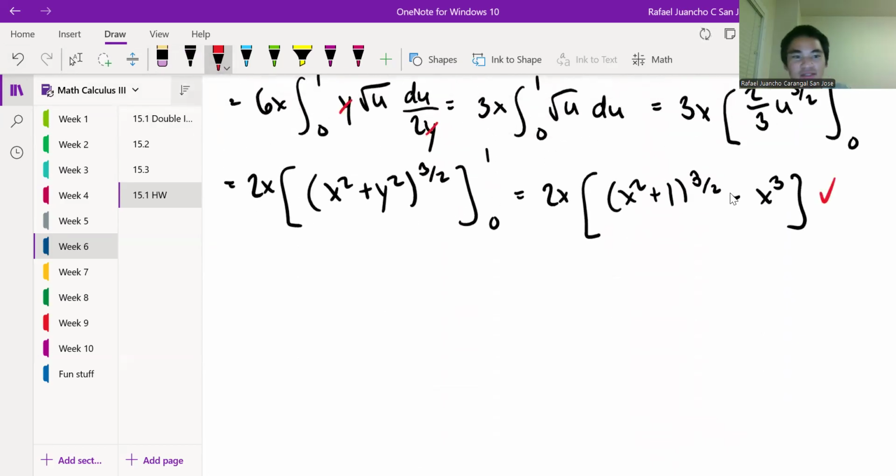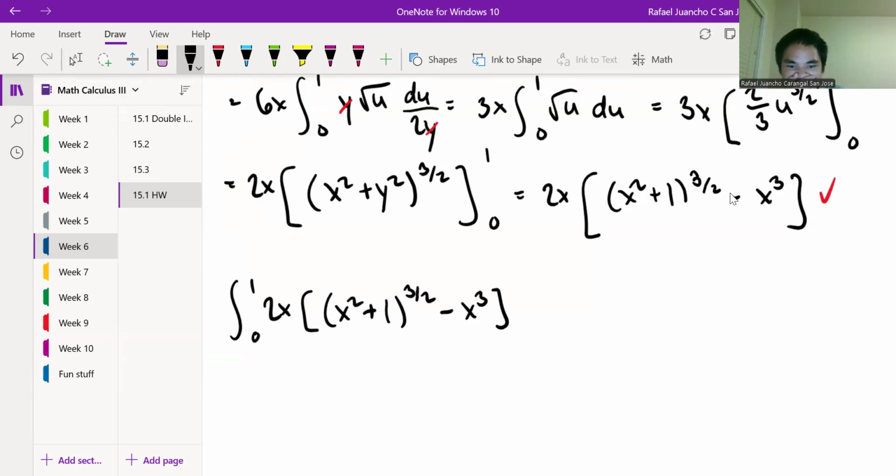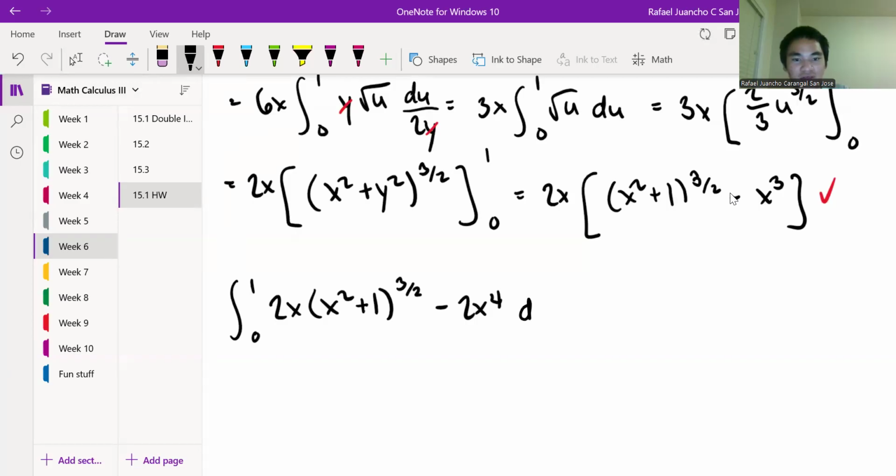Oh, that's a very messy integral. So we can, oh, we don't want to factor out that 2x. So here we have x squared plus 1 to the 3 over 2 minus x cubed. I actually want to put all of them here. Let me just do that, just to make it clean. 2x of this minus 2x to the 4th dx.